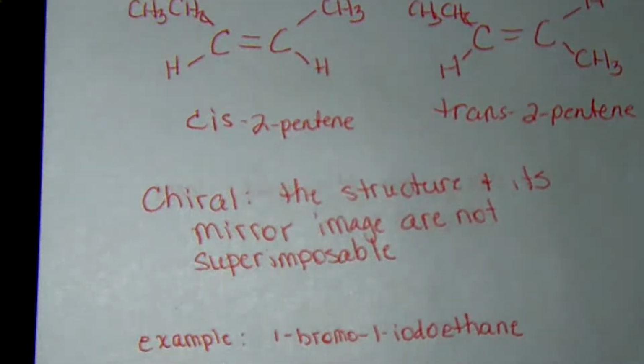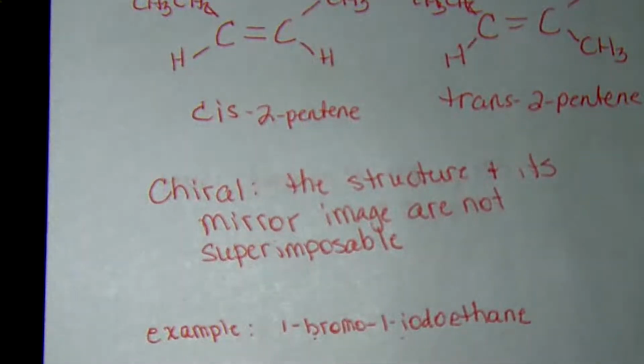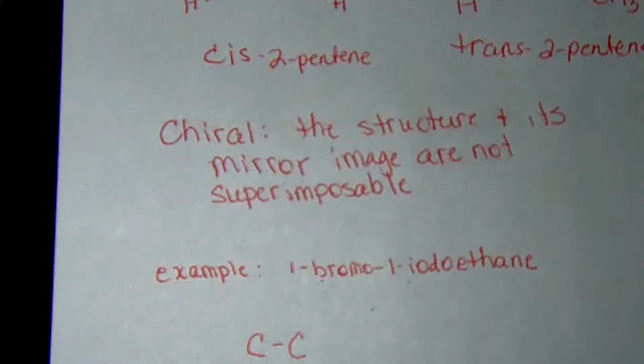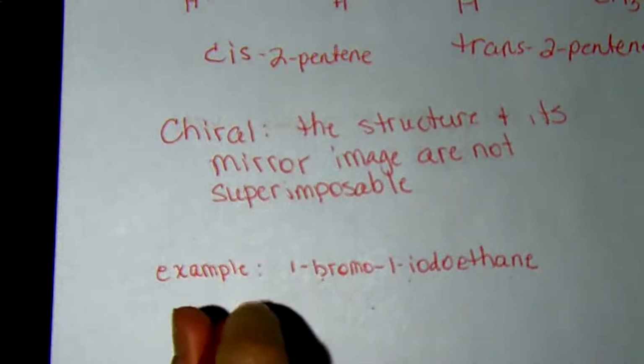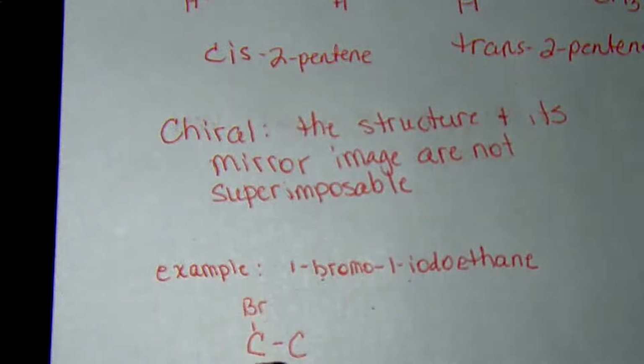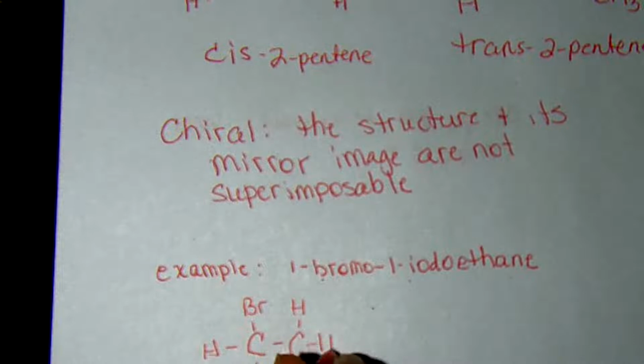So, for example, 1-bromo-1-iodoethane. So if I draw that, not showing any kind of stereochemistry, then I have my ethane, and on the same carbon, I have a bromine and an iodine. And then I'll also have a hydrogen. And on this carbon, I will have hydrogen, hydrogen, hydrogen.